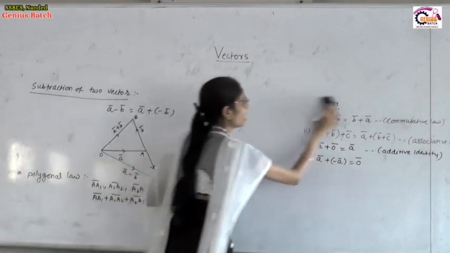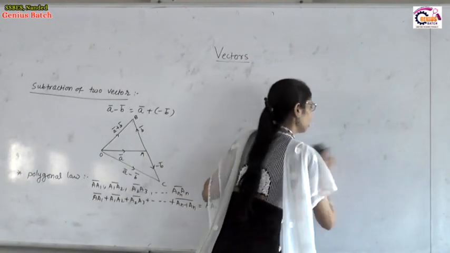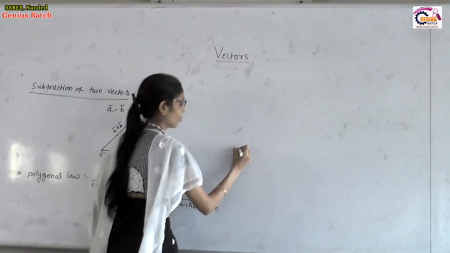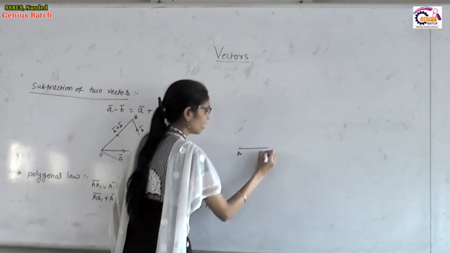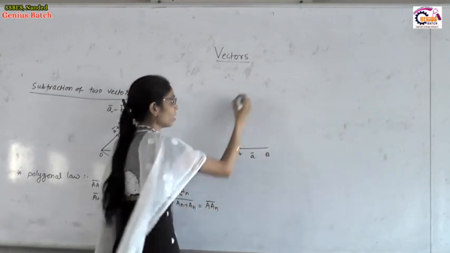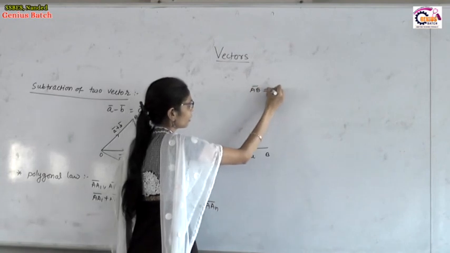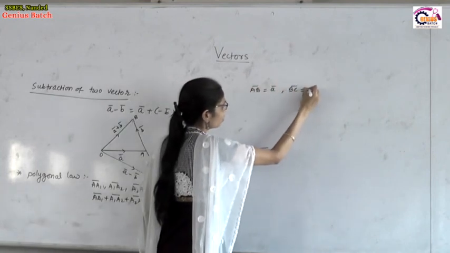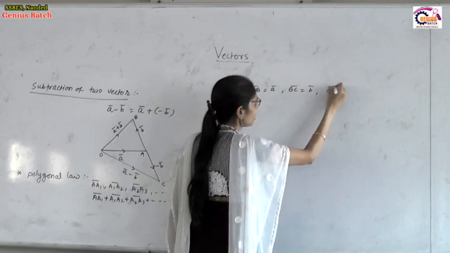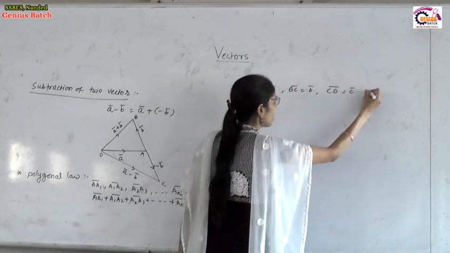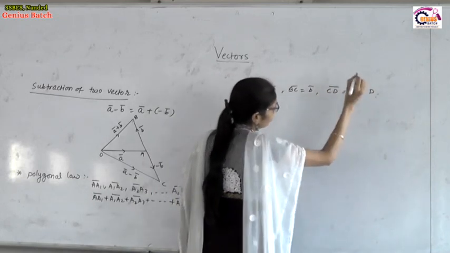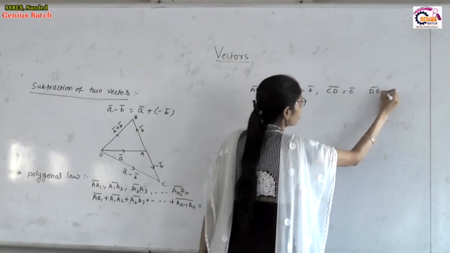Suppose we apply this for 3 to 4 vectors. Vector AB is equal to vector A, suppose. BC is equal to vector B. CD is equal to vector C, and DE is equal to vector D.